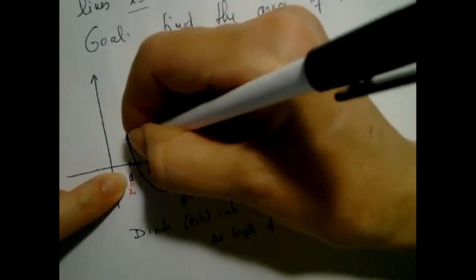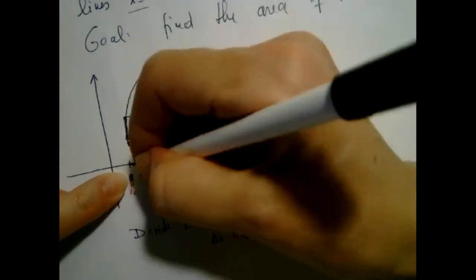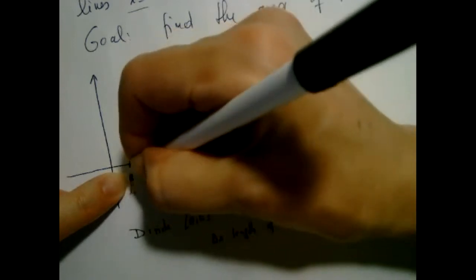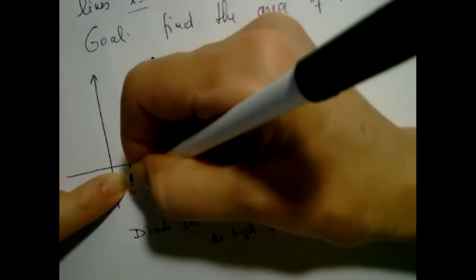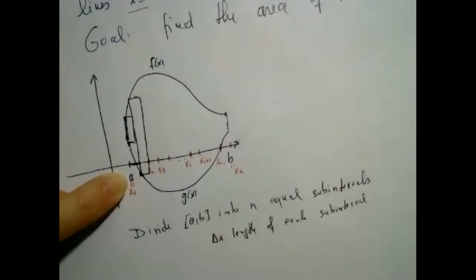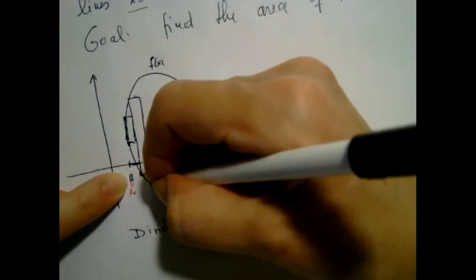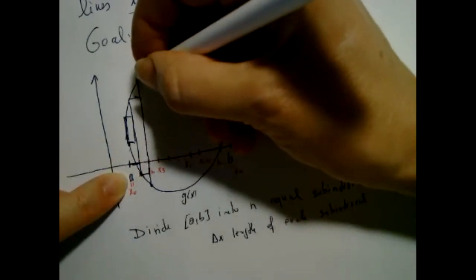The height is from the bottom curve to the top curve. That's the height, from the bottom to the top. That's my rectangle.